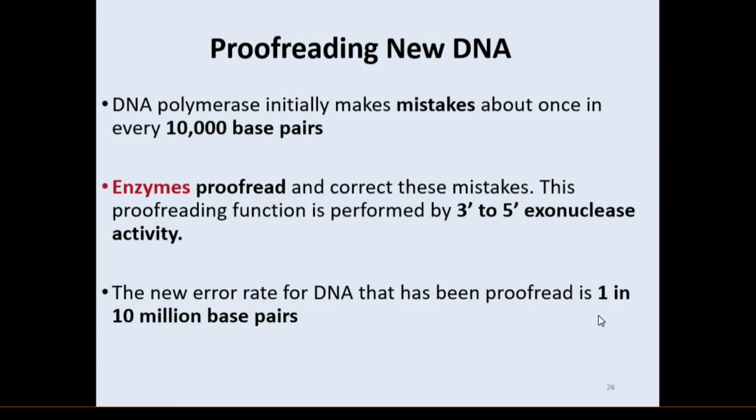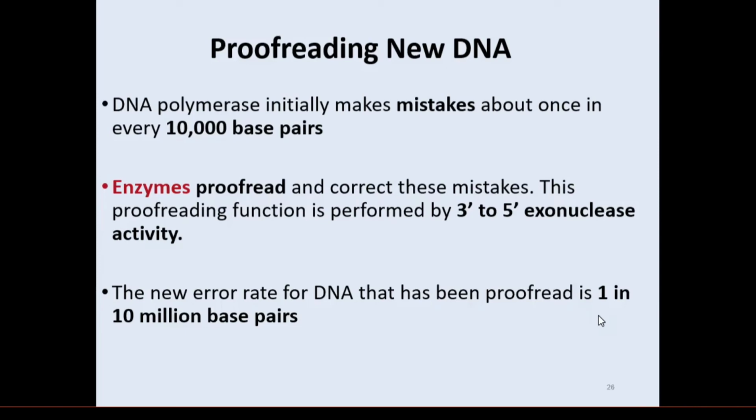This proofreading function is performed by the 3' to 5' exonuclease activity, so they remove any mismatched base pair if it is incorporated during replication. The new error rate for DNA that has been proofread is 1 in 10 million base pairs.